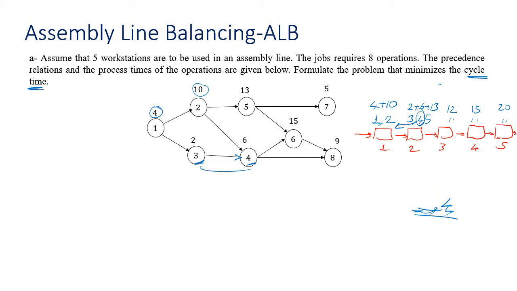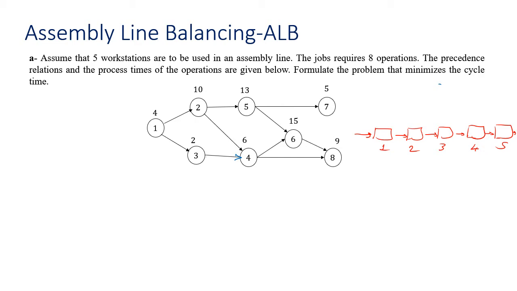We want to assign these assembly operations to these workstations, so that we minimize the total time of the slowest station, and we satisfy these precedence relationships. This is the assembly line balancing problem.